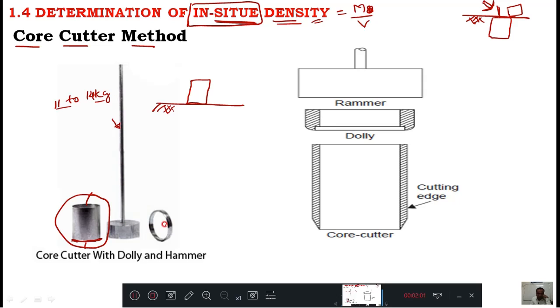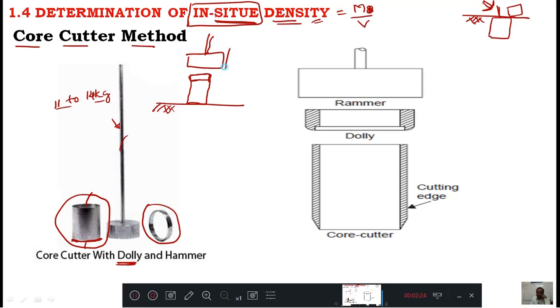And this is a collar. Sometimes it is called a dolly. This dolly you put on the core cutter, and after that you take this hammer and hold it in a vertical position.